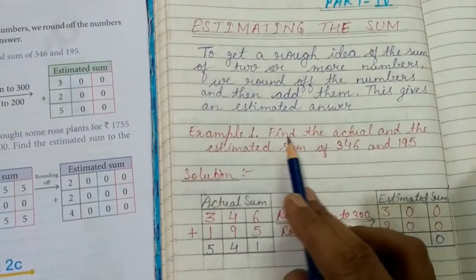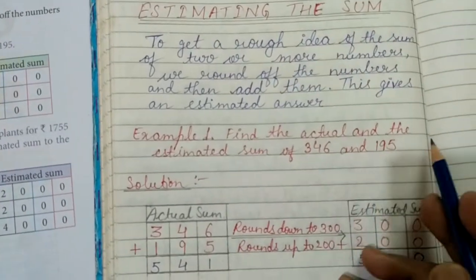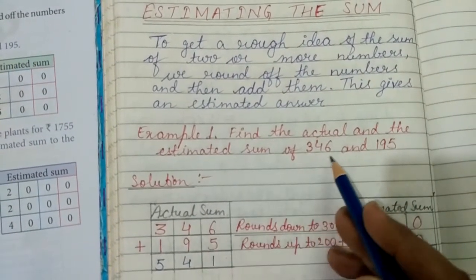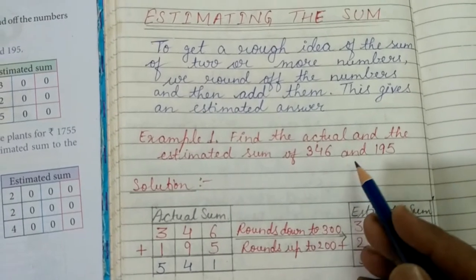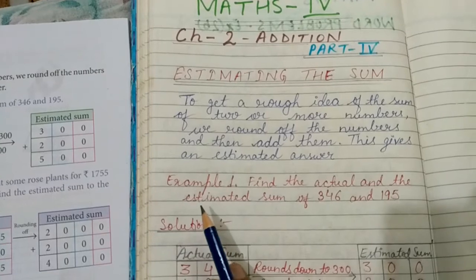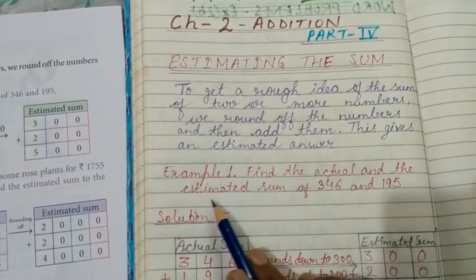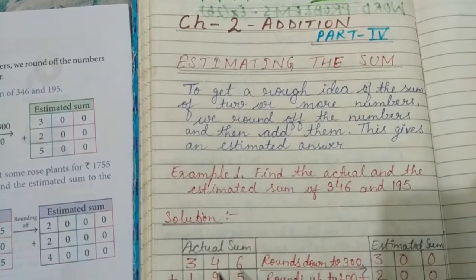As you can see over here, example 1: find the actual and the estimated sum of 346 and 195. So we have to find the actual sum also and the estimated sum also.